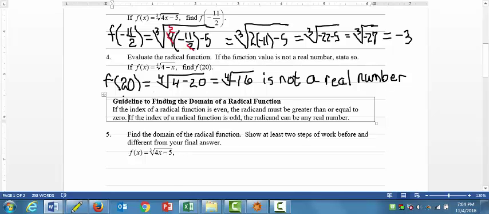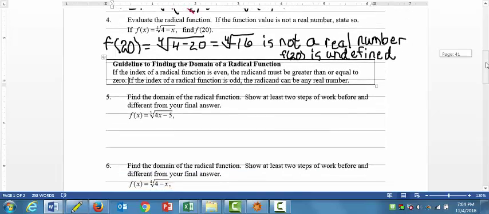So in this case here, since f of 20 gives me something that's not a real number, I would actually say f of 20 is undefined. So in order for a function to be defined in our scope of learning, the result, when I put a value into the function, has to be a real number.